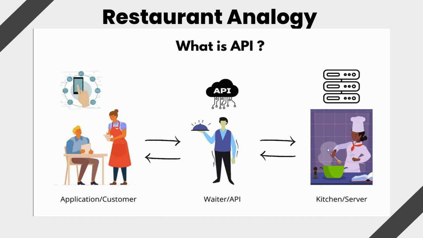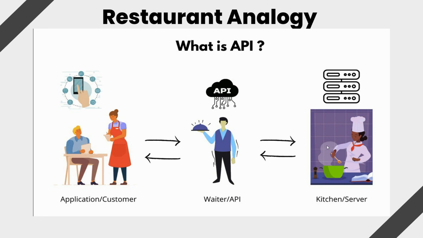Now, the kitchen here could be a server, or it could be the other application that you want to make use of a particular service of. And so in the kitchen here, they will make your meal exactly the way you ordered it. And then instead of giving it to you directly, no, they would relay that food to the waiter, and the waiter then would give it to you.